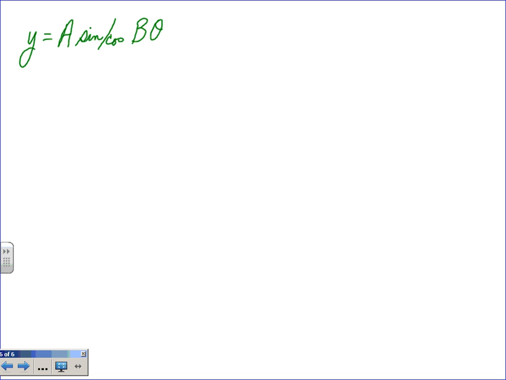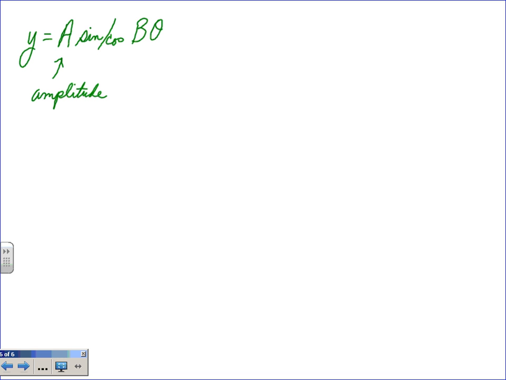All right? A is the amplitude. It's how high that cosine and sine go. All right, sine and cosine. The amplitude. What is the depth of it?